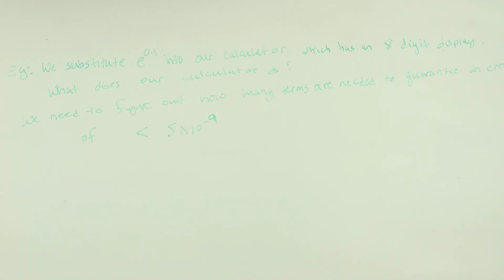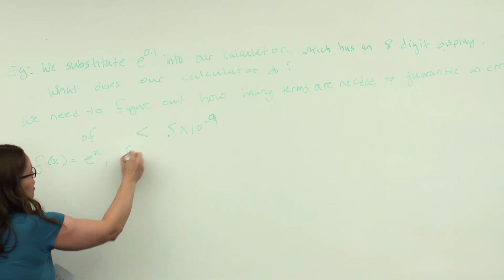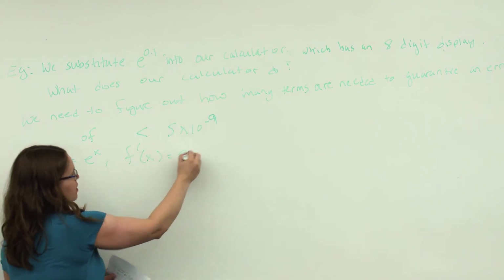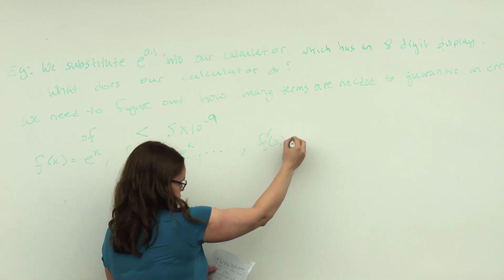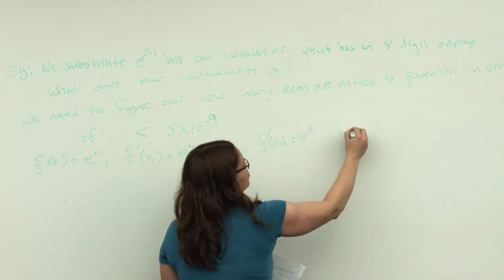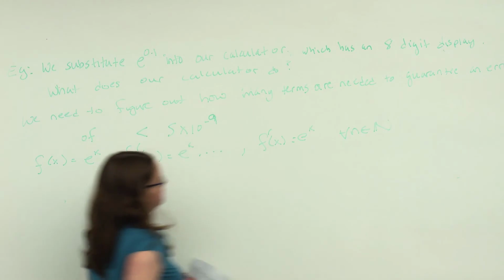Okay, so this is our function, an exponential function, f of x equals e to the x. The derivatives are easy to handle in this case. It's always the case that these are the derivatives.